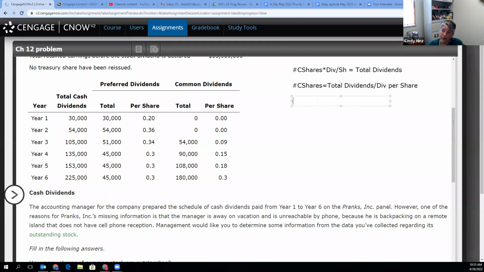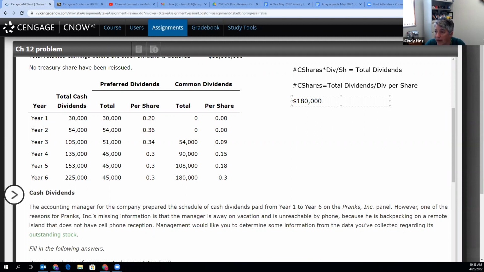So again, if the number of shares was the same each of the 4 years that dividends were paid to the common shareholders, we could use any one of those 4. I'm just going to use year 6 because it's the most recent.